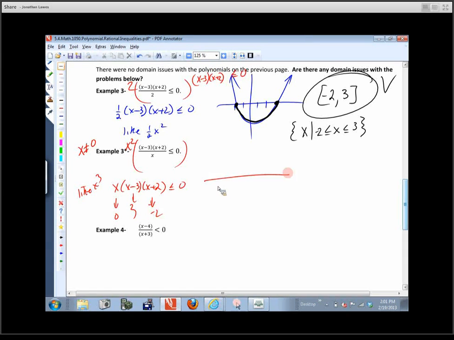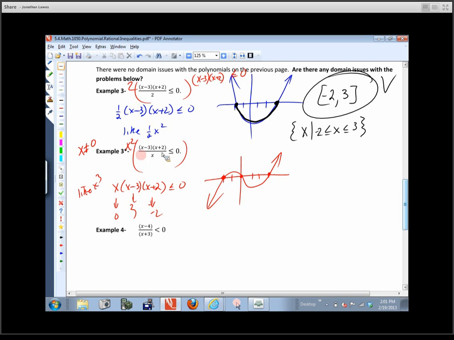Now, every one of those has a multiplicity that's 1, so it's odd, so it crosses, right? So here's 0, here's negative 2, and here's 3. Start up or start down? Down. Cross, cross, cross.